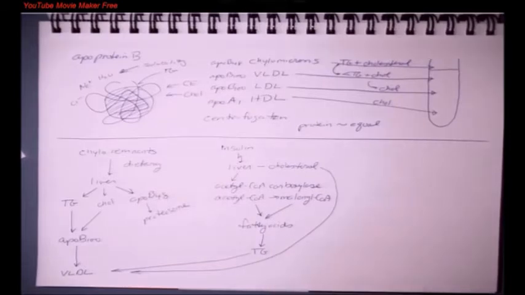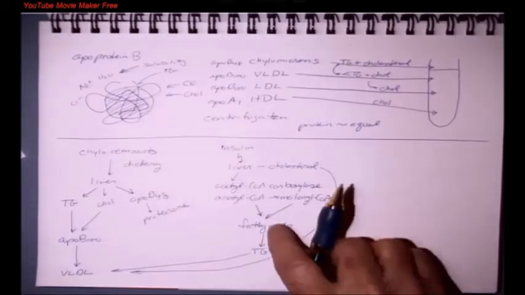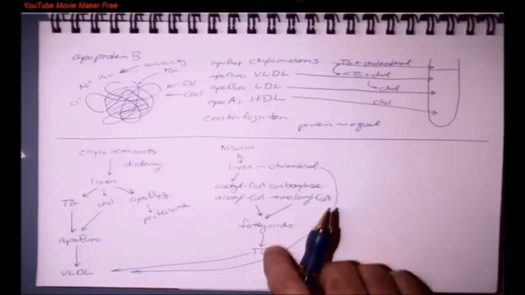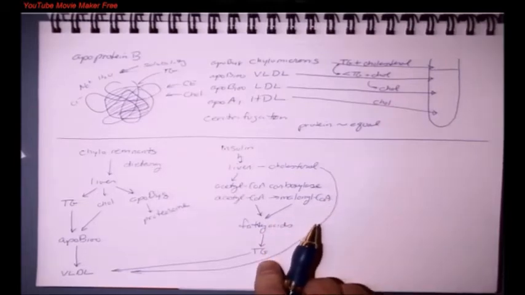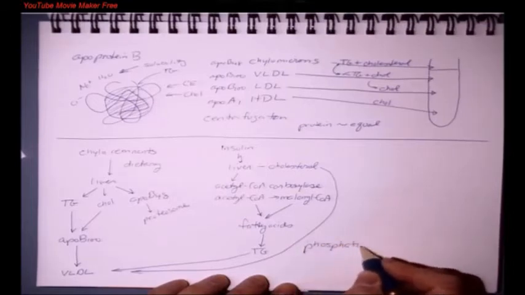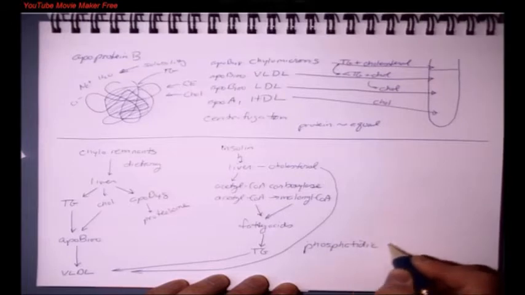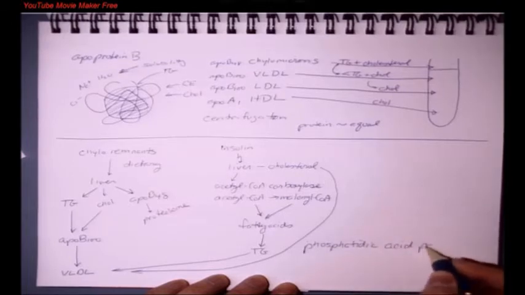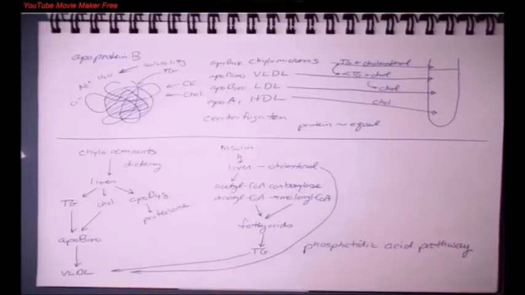Now, the pathway for making triglycerides in the liver here from fatty acids is going to be occurring by what is called the phosphatidic acid pathway. This is a different pathway from the pathway that we saw in the intestinal enterocyte.